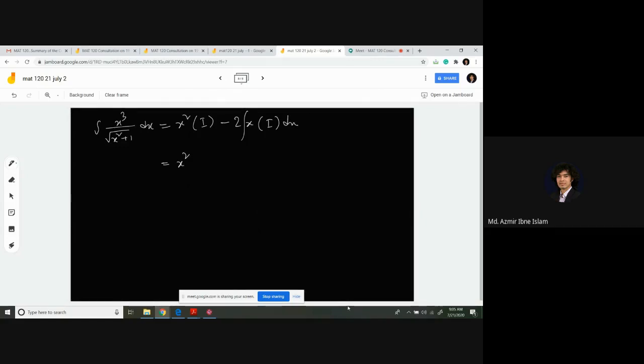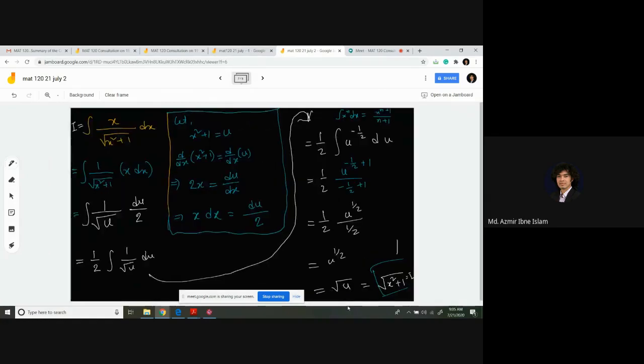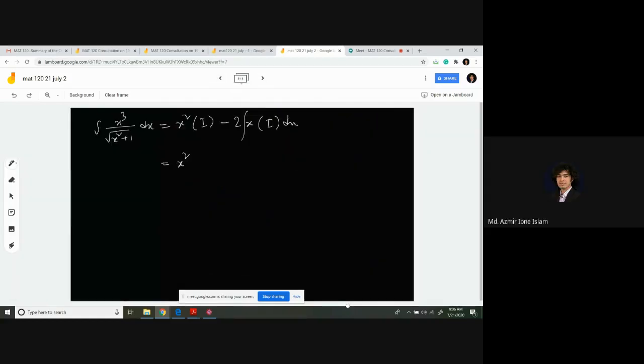So I we have found it is square root of x squared plus 1, negative 2x times square root of x squared plus 1 dx.